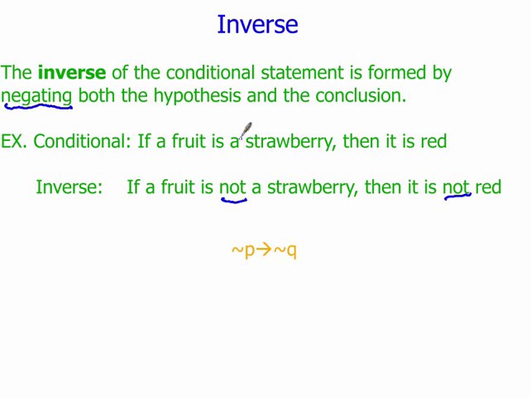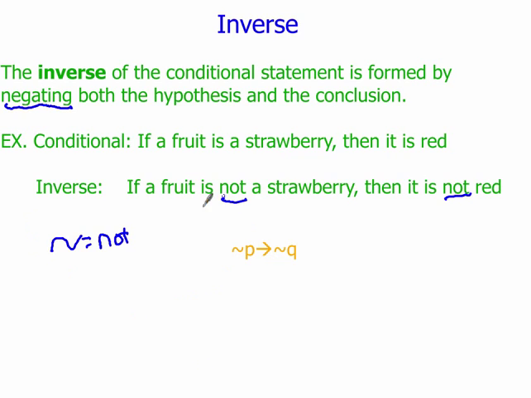You can see all I did is stick a not in there. And we represent this symbolically by this little swirly line. It's called a tilde. You don't need to know that. What that means is not. So this says if not P, then not Q.